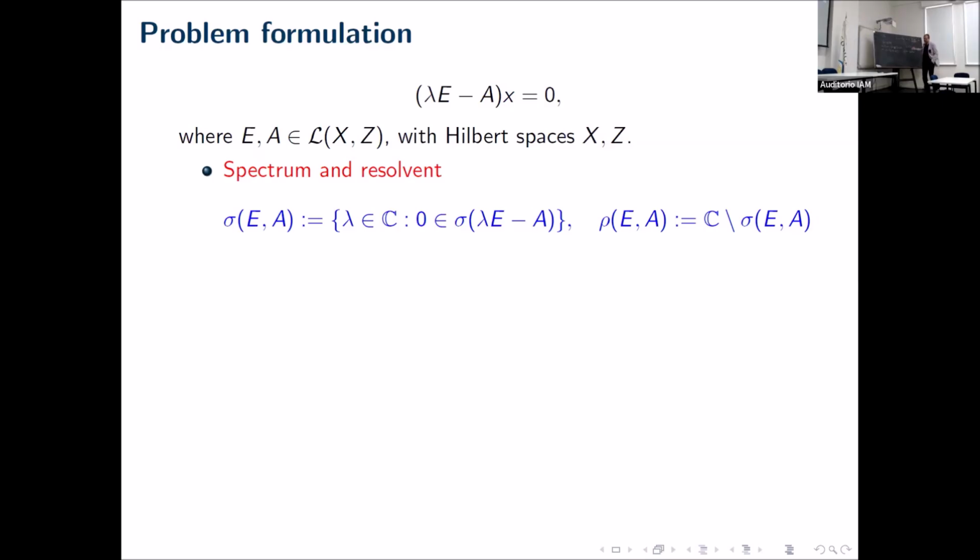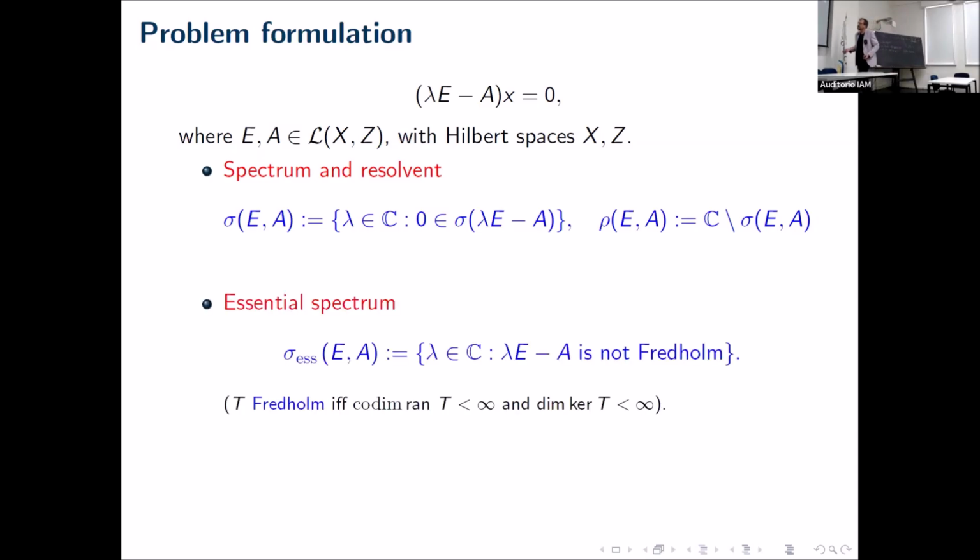But one can also, of course, do something. So in this sense, all these complex numbers such that 0 is in the spectrum of this object. And the resolvent set, okay, it's the complement. Essential spectrum.